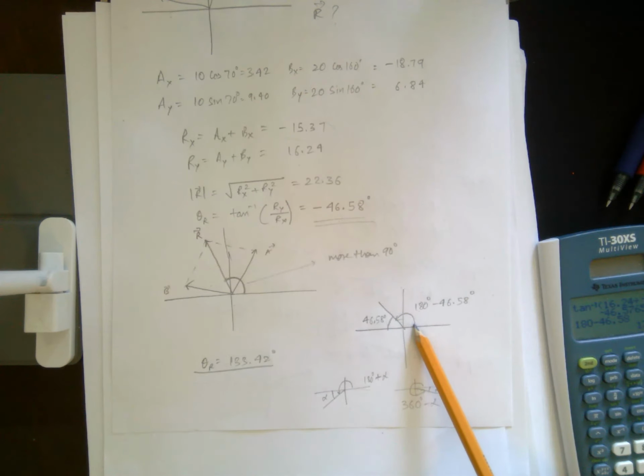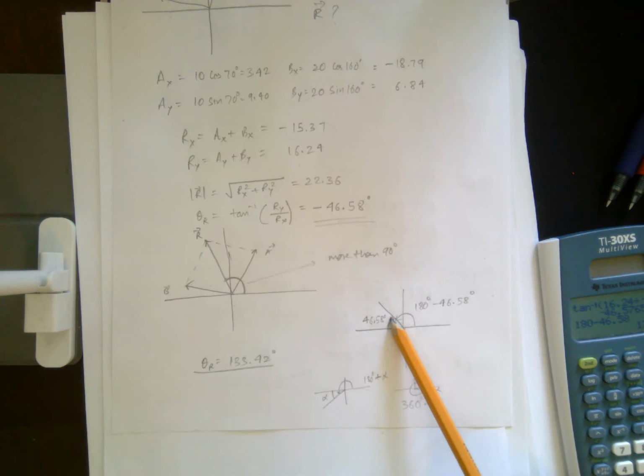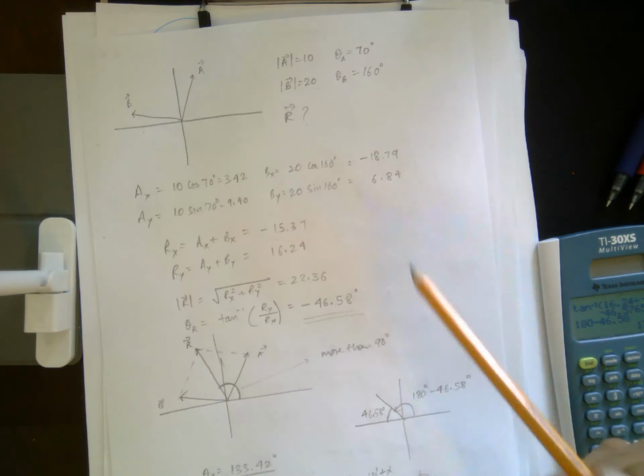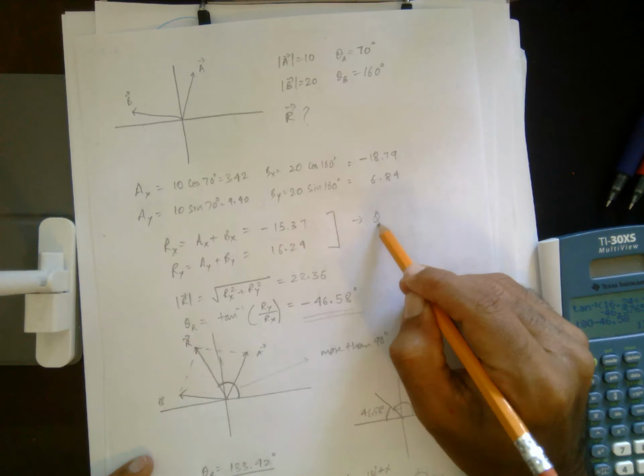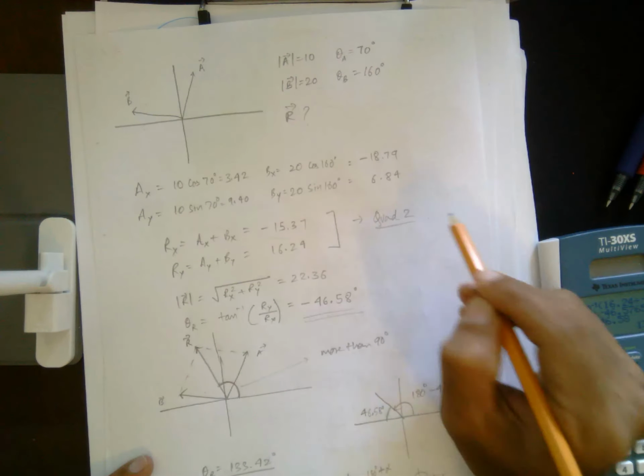So here it's going to be 180 minus whatever's here, then it's 180 plus whatever's here, and in this case it's going to be 360, the full circle, minus this alpha, whatever your value is goes in here. So right here it's important to look at this and draw the conclusion that this is in quadrant 2.